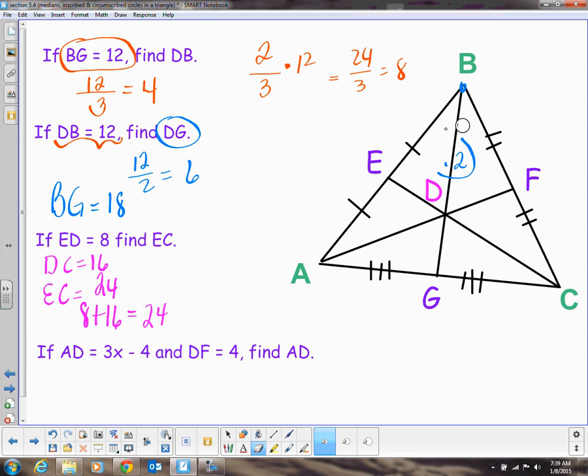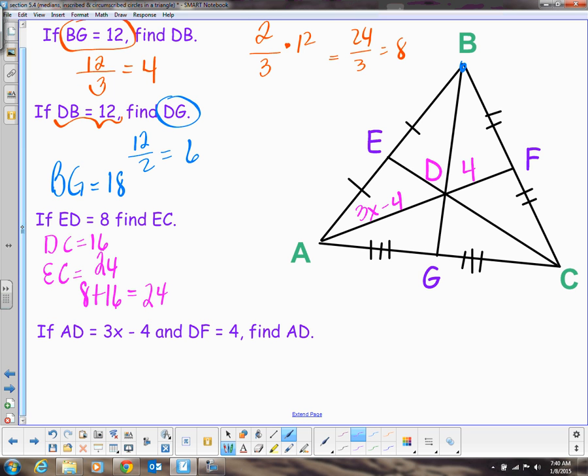All right. Let's jump to algebra now. So they're telling us that AD is 3x minus 4, and they're telling us that DF is 4. How are we going to find AD? What equation will we write? These are not equal. 4 plus 4 is equal to 3x minus 4.